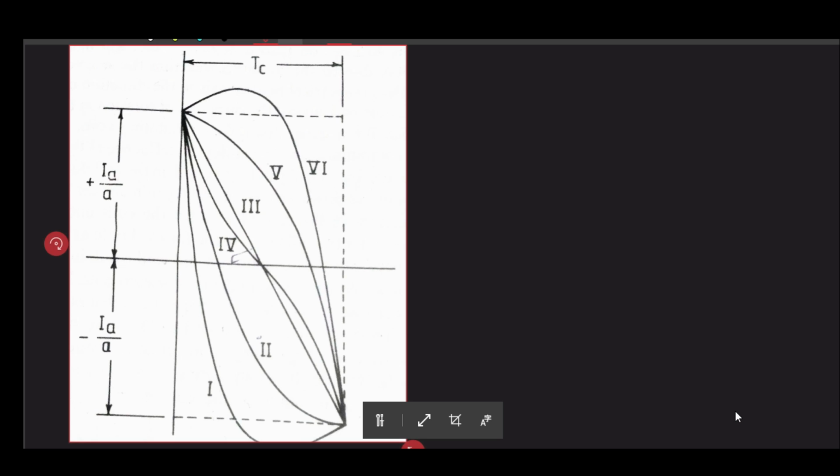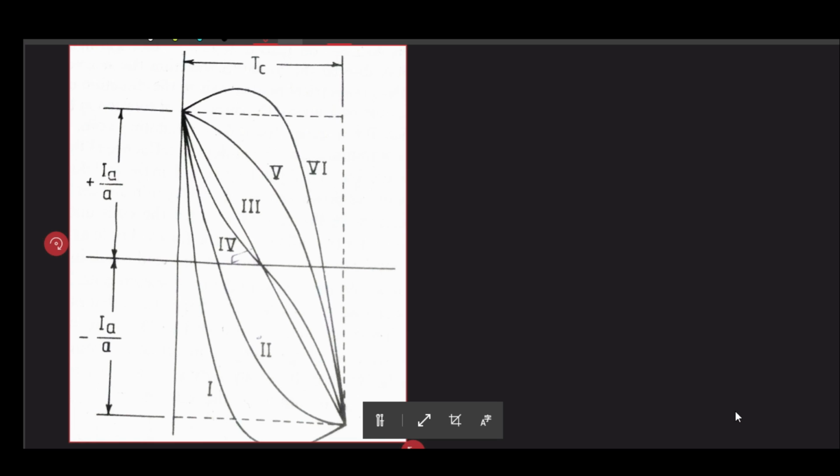Curve 2 is accelerated but somewhat desirable. Curve 3 is the best one, the linear commutation, a smooth transition from plus Ia by A to minus Ia by A.